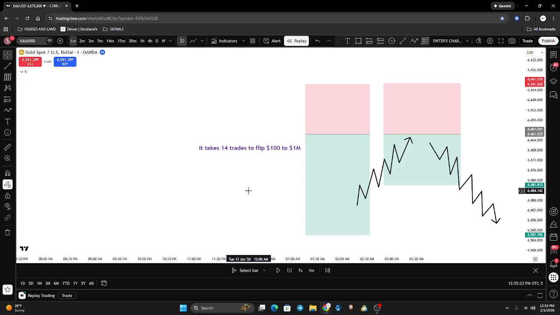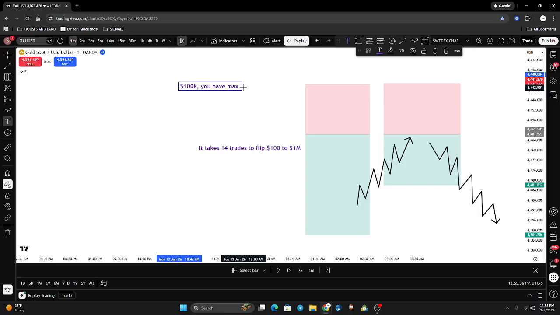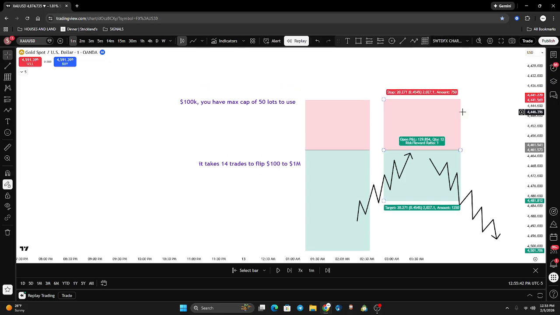When your account hits 100K on Solid ECN, you have a max cap of 50 lots to use. Even if your account goes higher than that, I don't care if it goes to 300K, Solid ECN doesn't increase it. It literally doesn't.